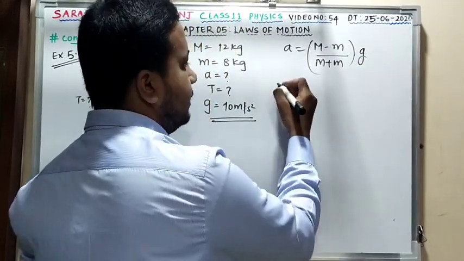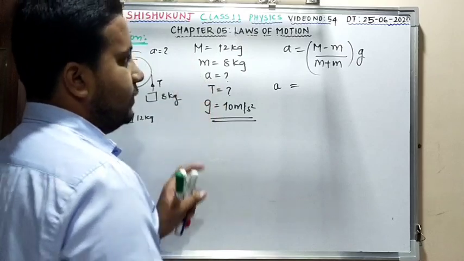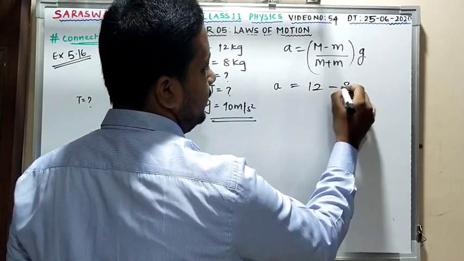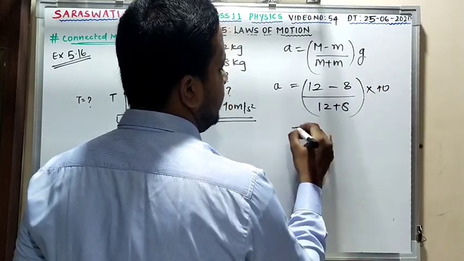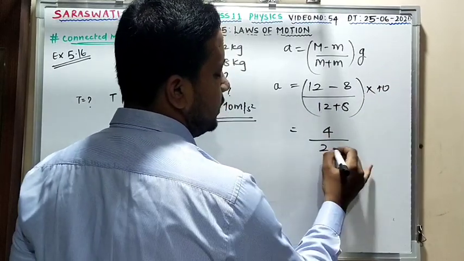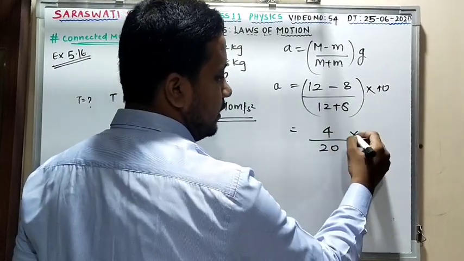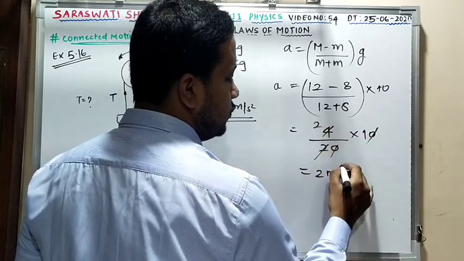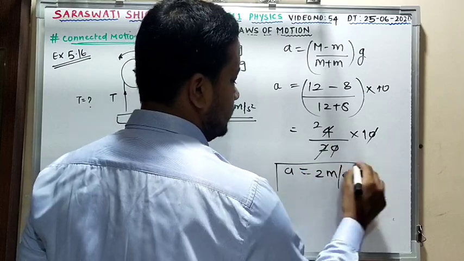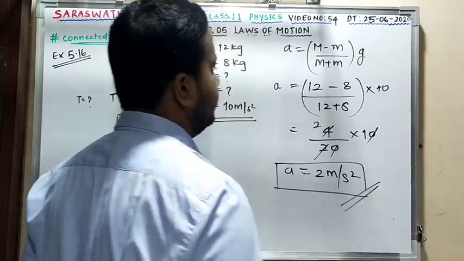So simply we put the values: capital M 12, small m 8, (12 plus 8) into 10. 12 minus 8 is how much? 4. 12 plus 8 is 20, into 10. The zeros cancel, so the answer is 2 meter per second square. This is my required acceleration of the system.